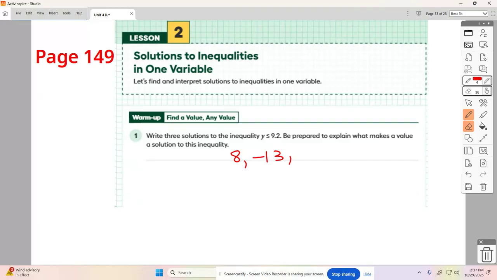Give me a number. 6.7. All right, so there's an infinite number of solutions, and it could be any number less than 9.2. Could it also be 9.2? Yes, because it's equal to. So a solution is something that satisfies the inequality. When I plug it in, it'll make a true statement.